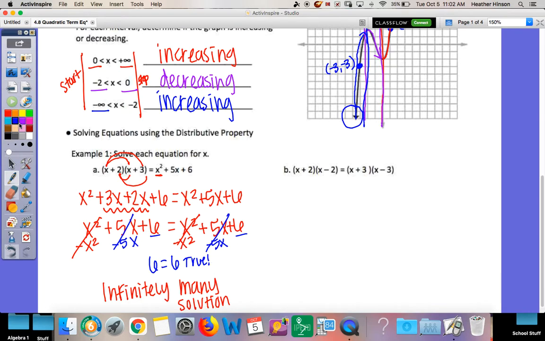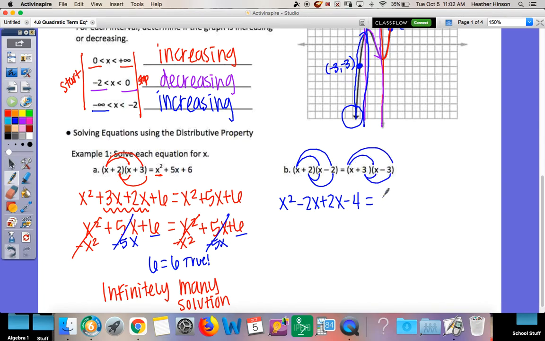Okay, let's try B. So if I FOIL this out like normal, x times x is x squared, x times negative 2, 2 times x, and 2 times negative 2. Same thing over here. FOIL this out, or you can do generic rectangle.